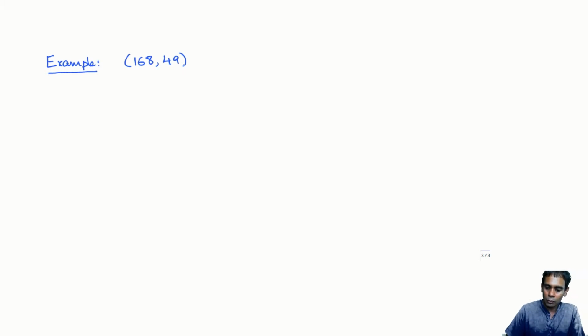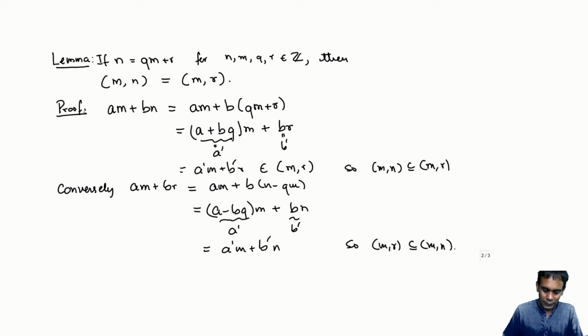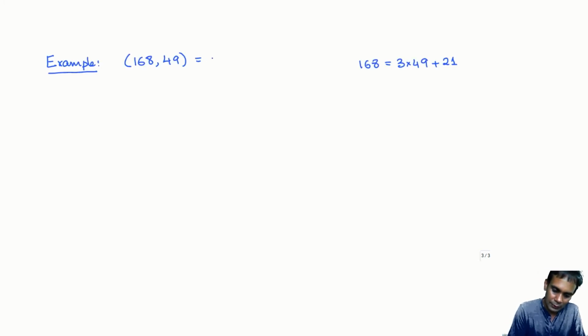If I divide 168 by 49, it is 3 into 49 plus 21, since 3 into 49 is 147, and 147 plus 21 is 168. So using this lemma, I can replace 168 and 49 by 49 and 21. The ideal generated by 168 and 49 is the same as the ideal generated by 49 and 21.